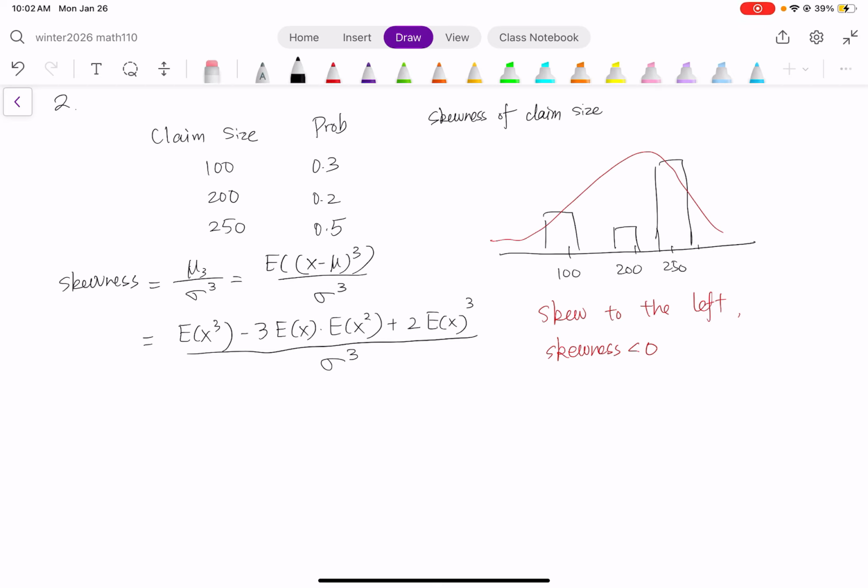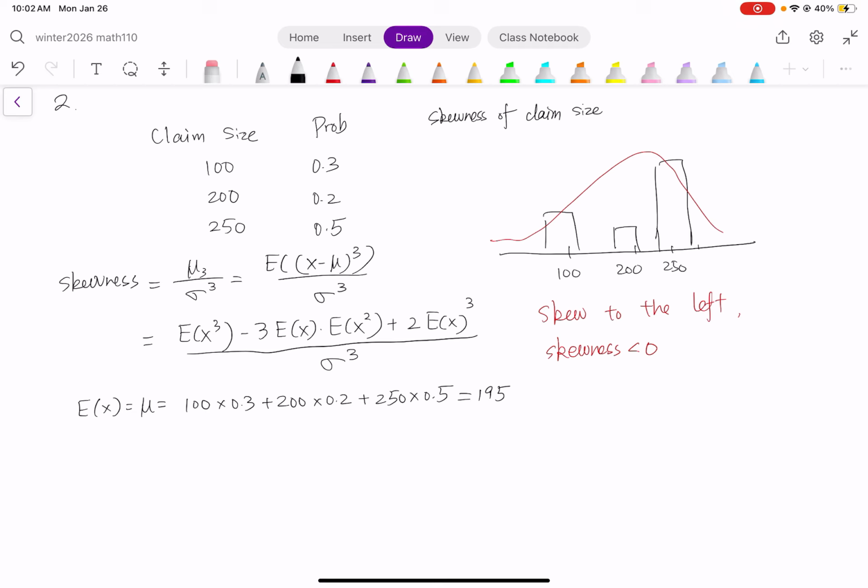So let's try that. We still need to calculate expected value of x, which is really just mu, the average. So it's 100 times 0.3 plus 200 times 0.2 plus 250 times 0.5, and you should end up with an average of 195.